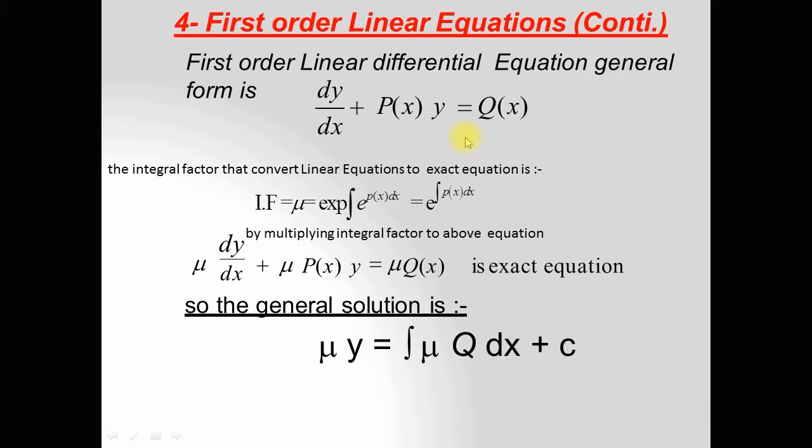For the solution procedure, first of all find the integrating factor that can convert the linear equation to an exact equation. Suppose mu is the integrating factor, then it will be the exponential e power integral of p of x dx.